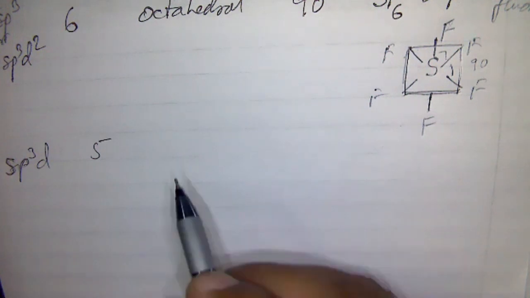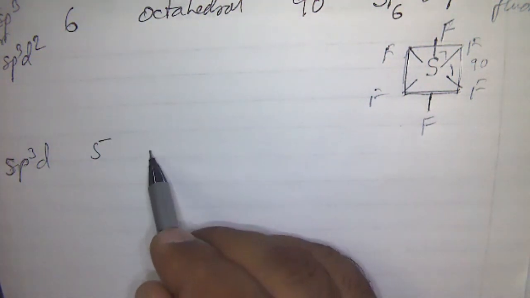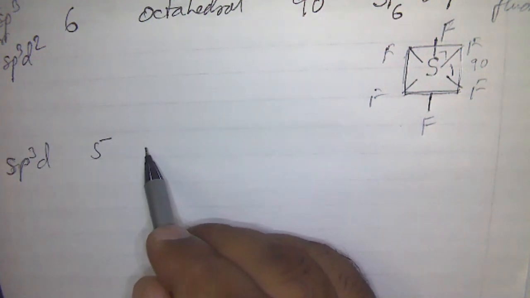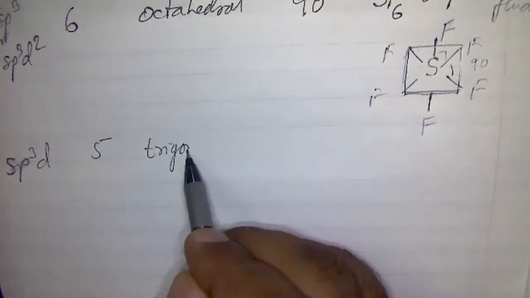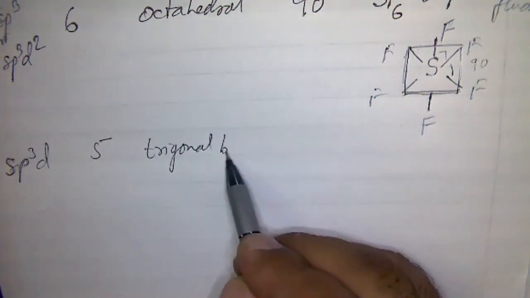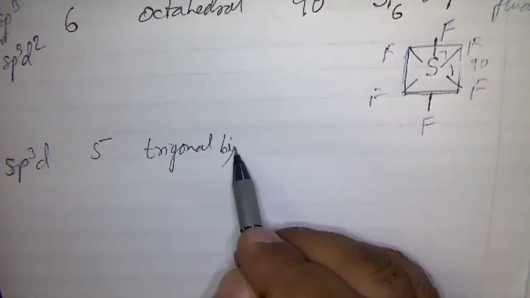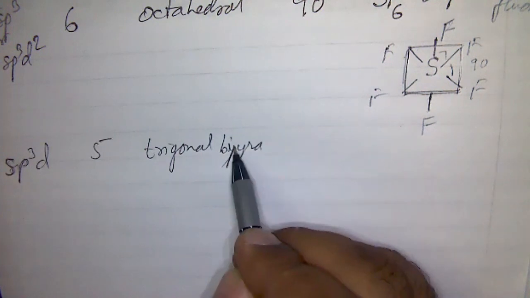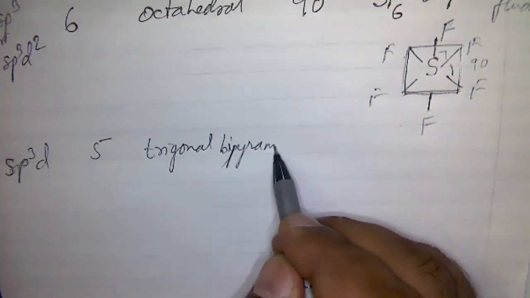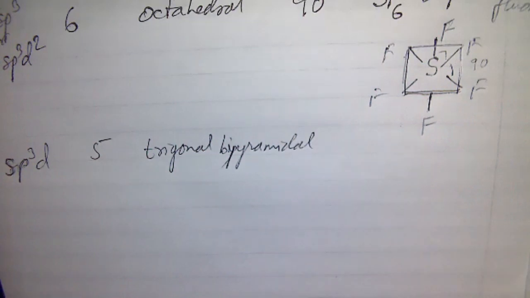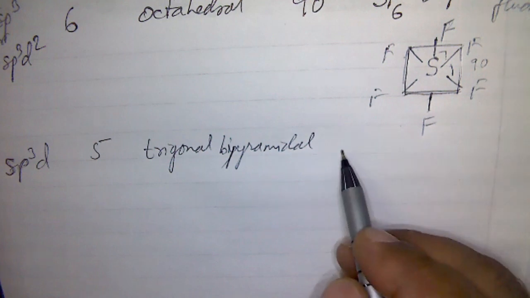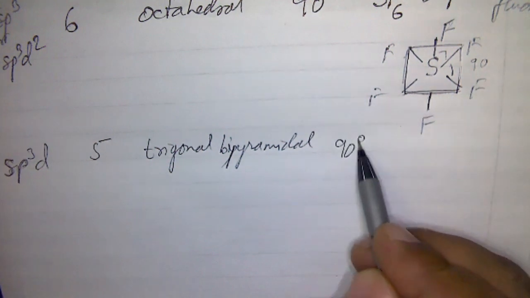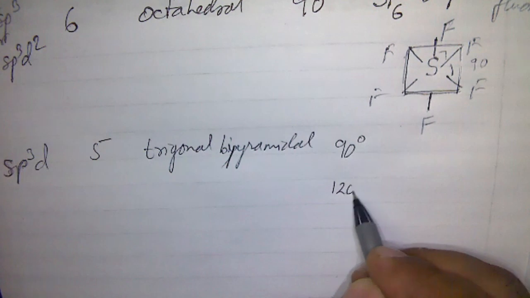So this has 5, which means this will be trigonal bipyramidal. Bipyramid means it's just like a pyramid, but there are two pyramids attached to it. Here, the bond angles are also different. You have 90° also, and you have 120° also.